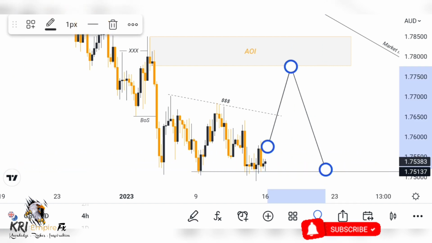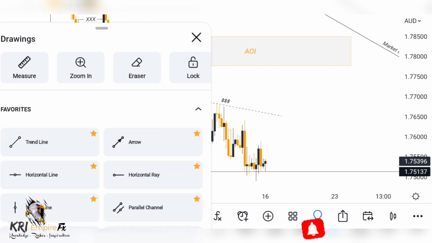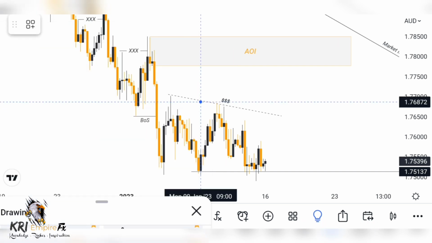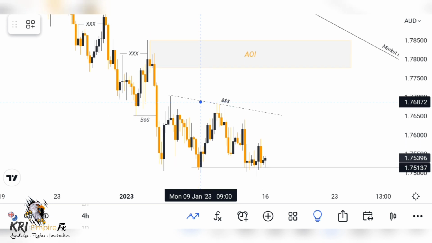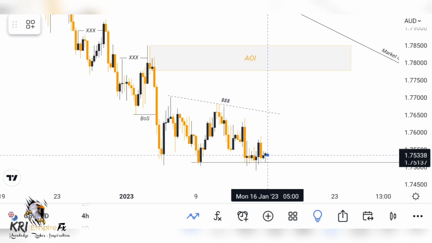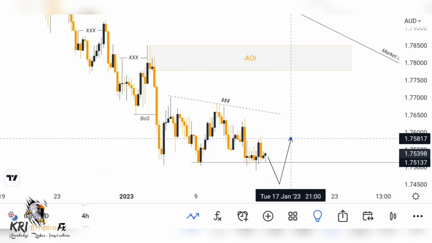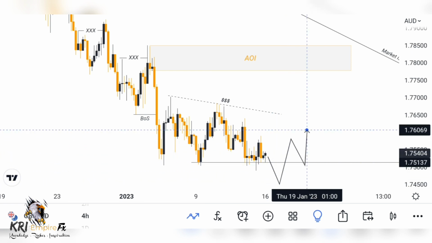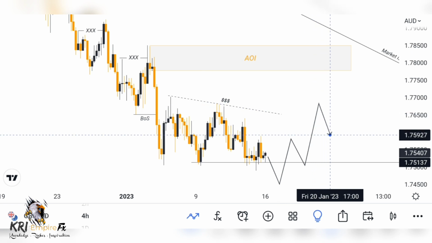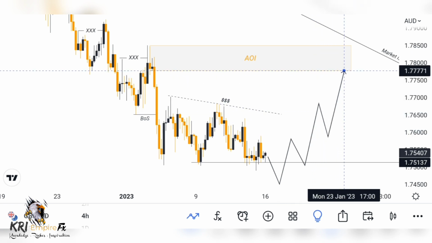Okay, let me just make it much cleaner. It's Sunday, by the way. Once the market opens, maybe we might see price doing something like this, like so, and maybe tap this area.